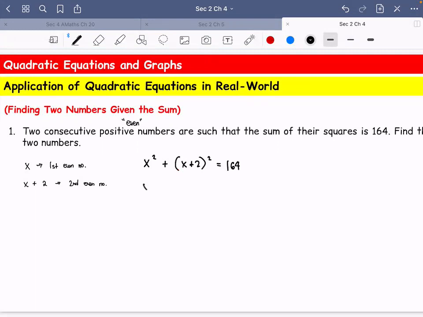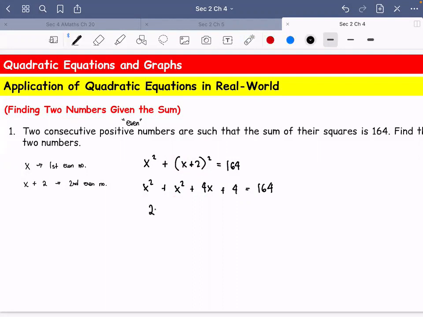And how do you expand this one? When you expand that, it becomes X squared plus 4X plus 4 equals 164.